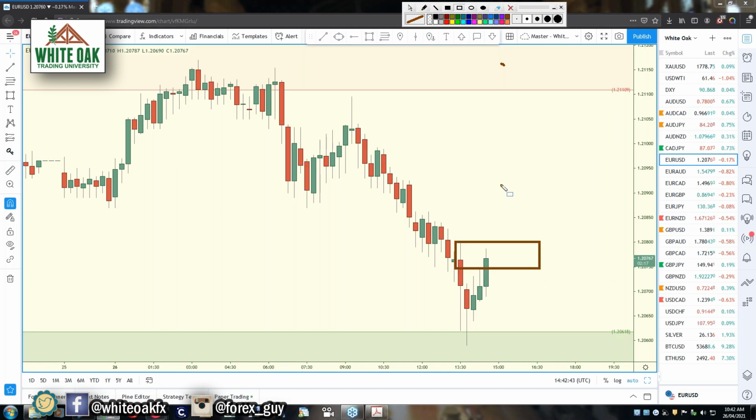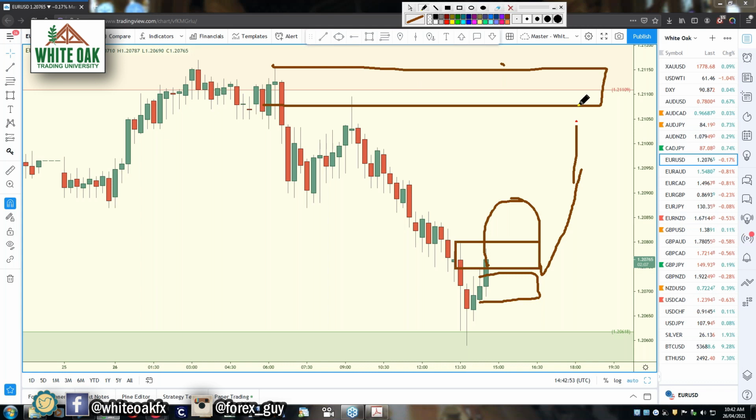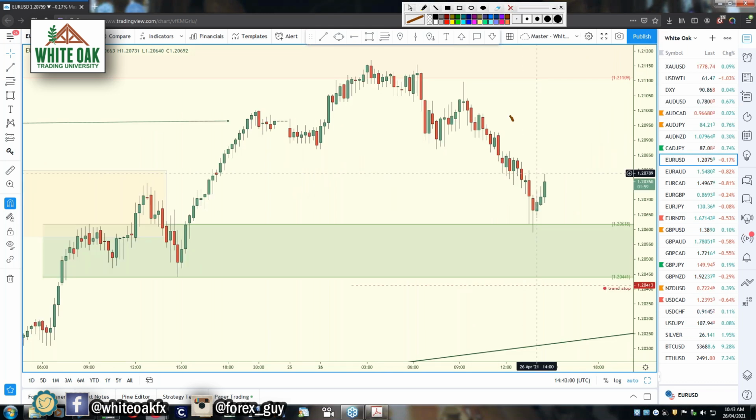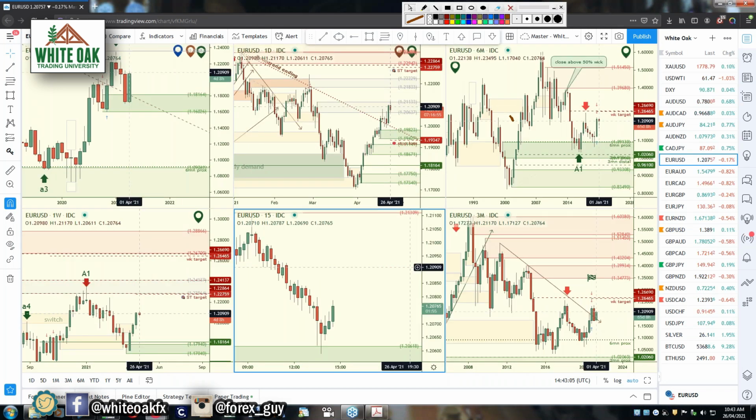It could do this. And then if you timed this right, and I think there's a very, very good chance of that happening, imagine getting in long trades off of a 15-minute demand zone.